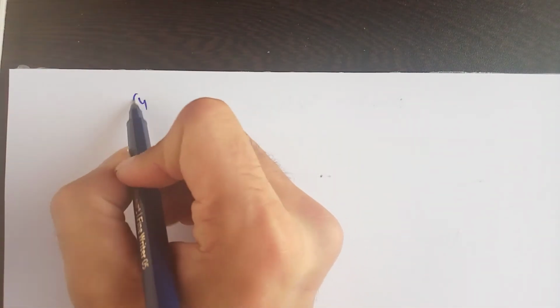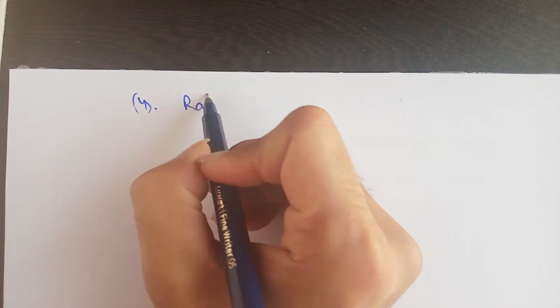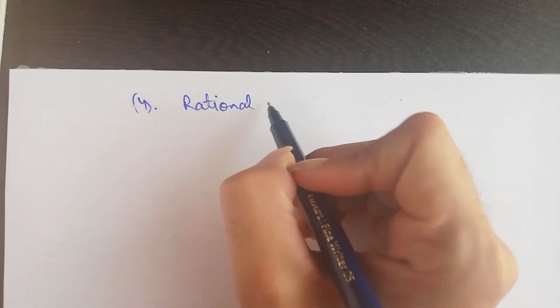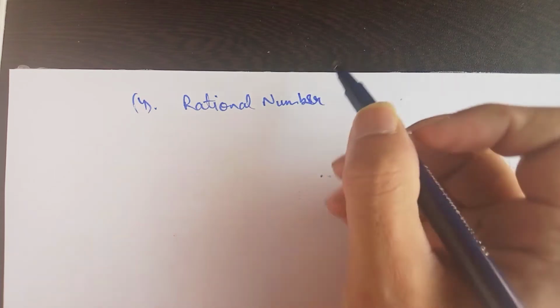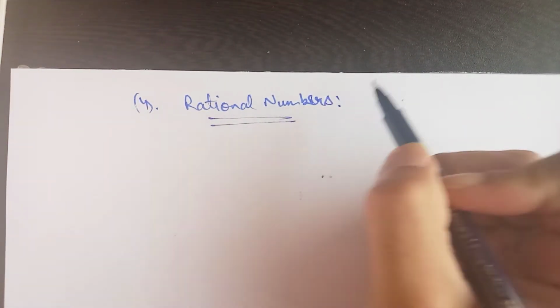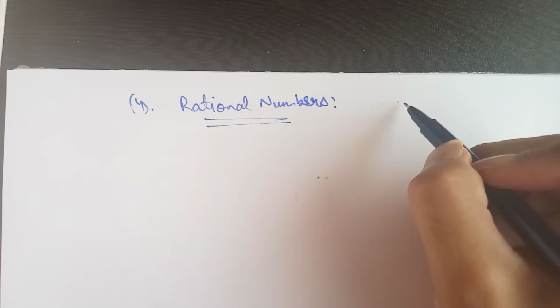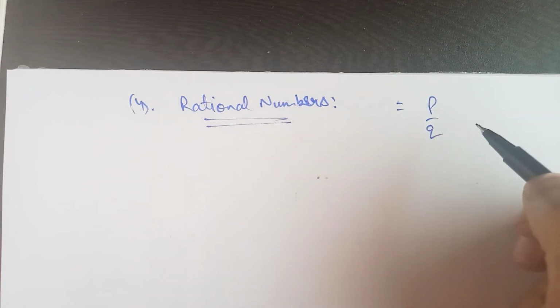I'll write a term known as rational number. Rational numbers are the numbers which can be written in the form p upon q.